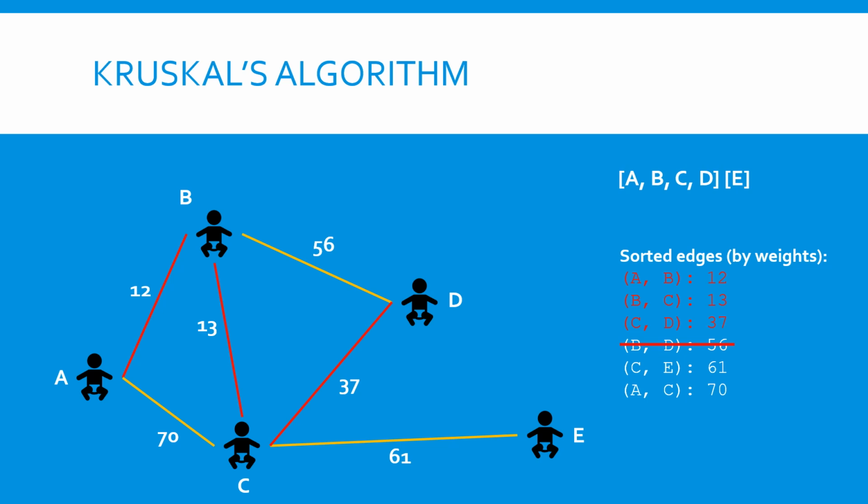We can therefore select this edge. We merge the sets for C and E. The final edge is AC, which connects nodes that are already in the same set. Therefore, we will not include it. At this point, we have considered all edges and can terminate the algorithm.